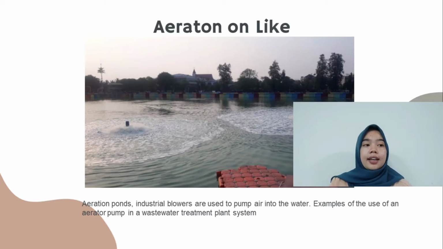Aeration using a pump. Aeration pumps and industrial blowers are used to pump air into the water. An example of the use of an aerator pump is a wastewater treatment plant system.